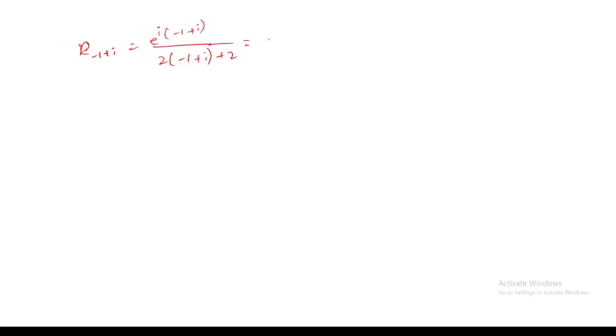On simplifying, we get e power minus i plus i square, divided by minus 2 plus 2i plus 2. On further simplification, substituting i square as minus 1, we get e power (minus i minus 1) divided by 2i. This is the value of the residue at z equals minus 1 plus i.